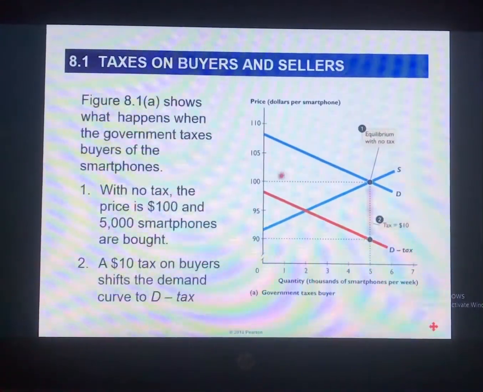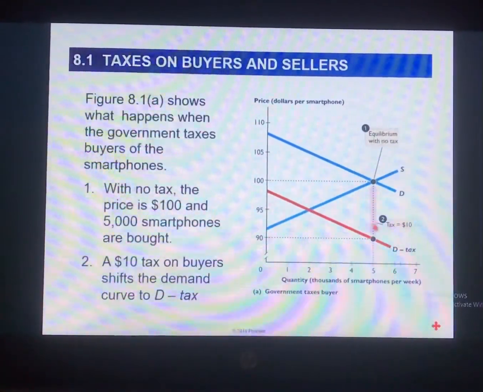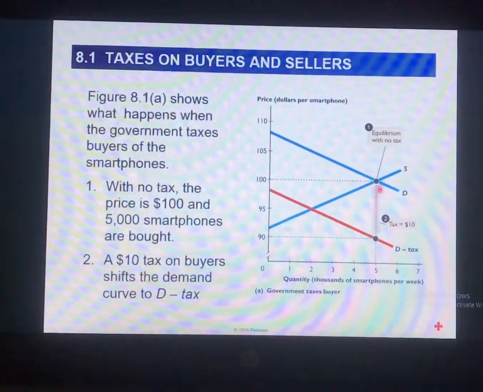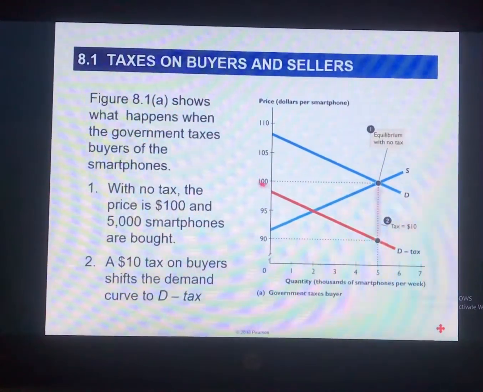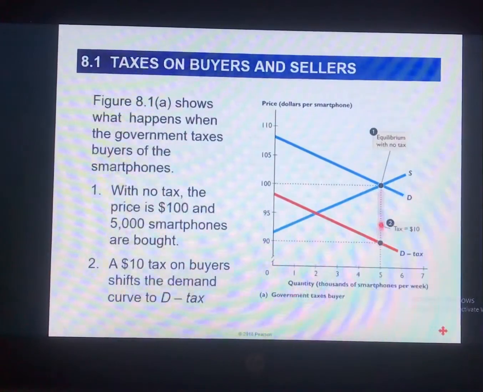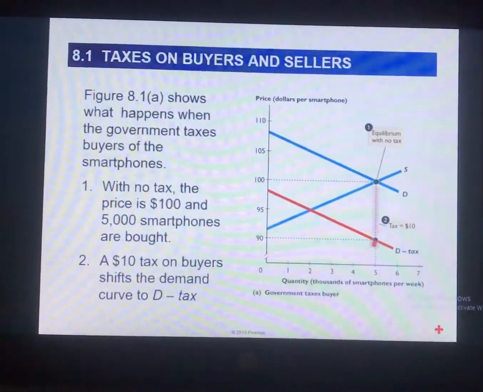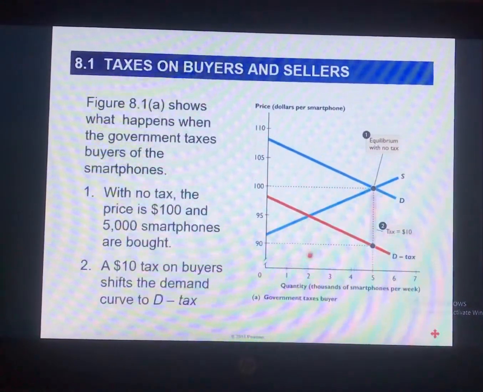When a $10 tax is added, the demand curve falls to this new one, this red line. The gap between this demand curve and the other demand curve is the $10 tax. So we can see the effect: the supply still remains constant while the demand decreases.